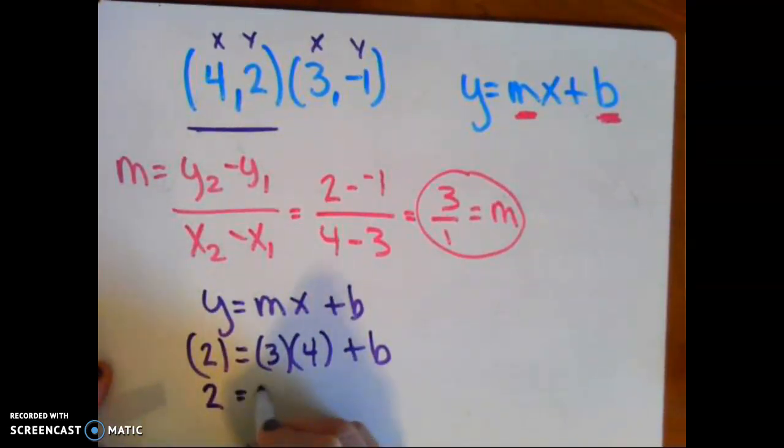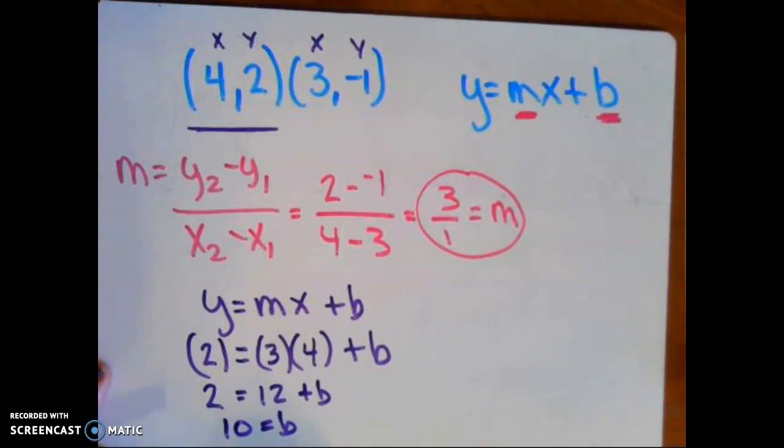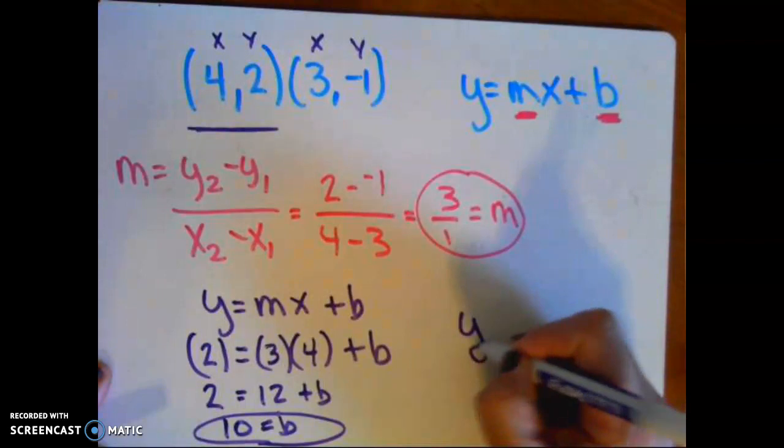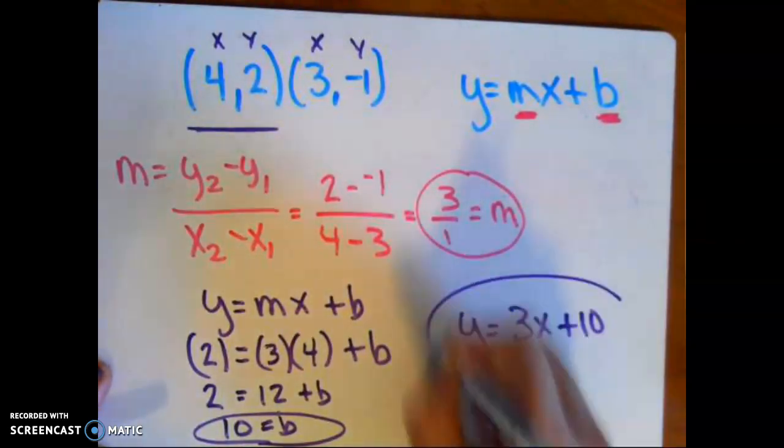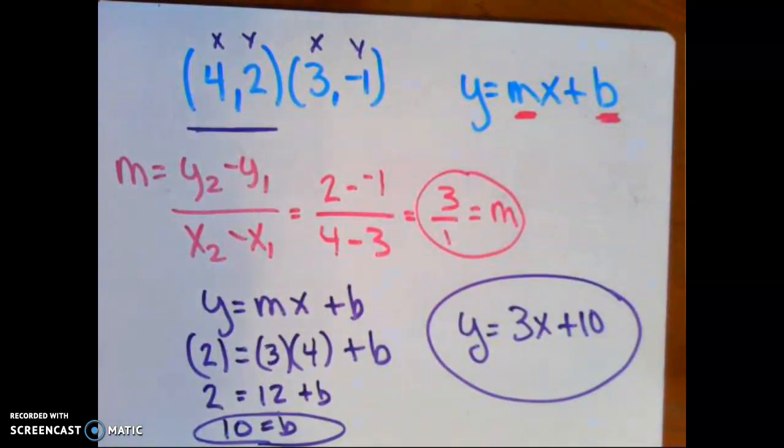So 2 equals 12 plus b. I subtract 12 on both sides, and I have b equals -10. Now that I have both pieces, I can write my answer, y equals 3x minus 10. And there is the equation of the line that passes through points (4, 2) and (3, -1).